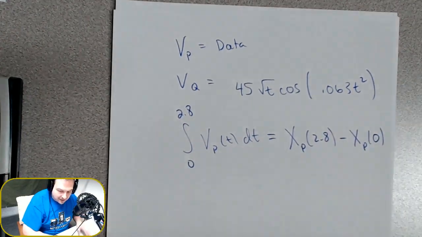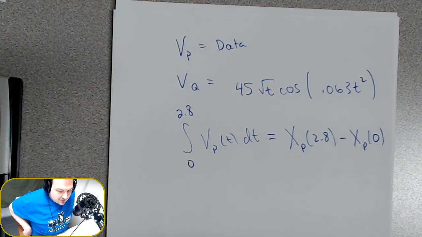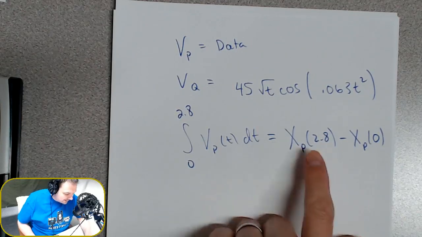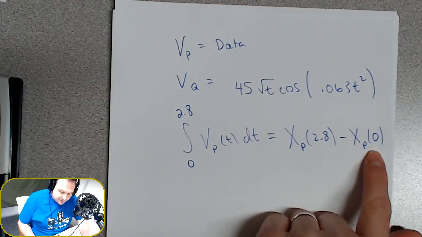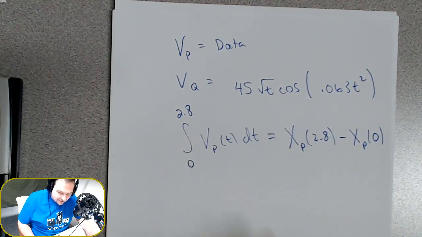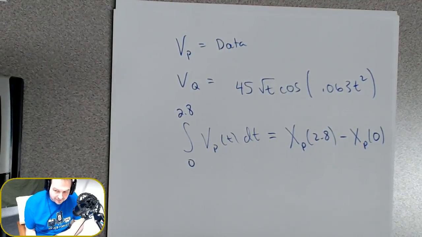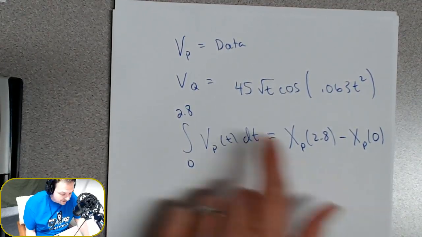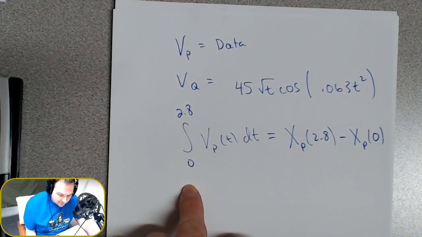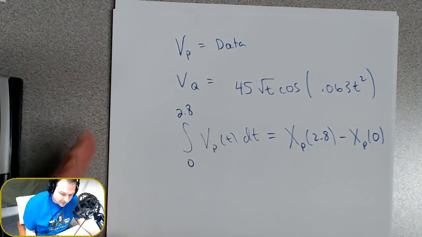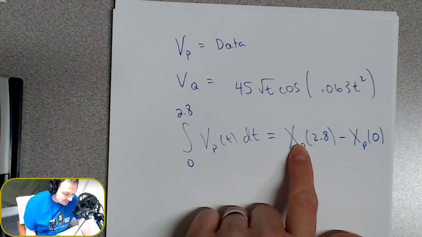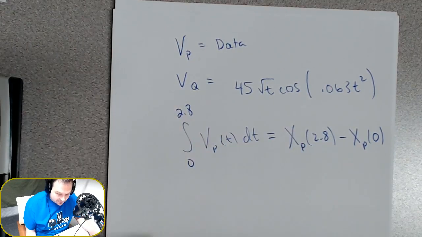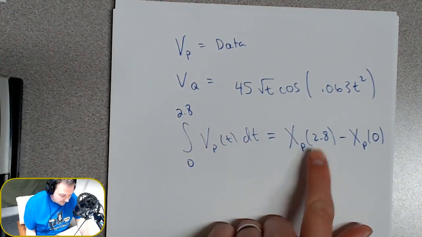That's helpful for figuring out location, where you're at. I want to find where I'm at 2.8 and where I'm at 0, so I could integrate the velocity. If we wanted to find where the person is at 1, we'd have 1 as a bound. If I want the position at 75, 75 would be in one of the bounds.